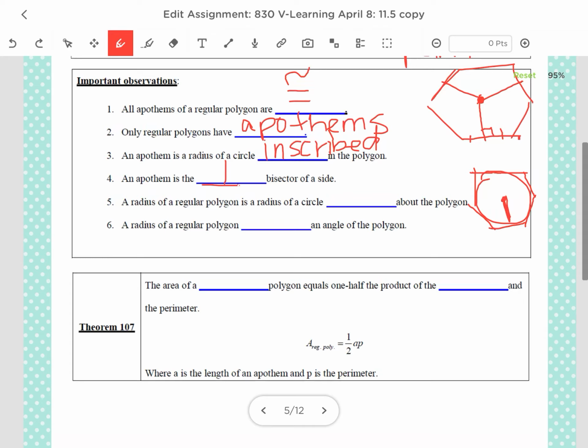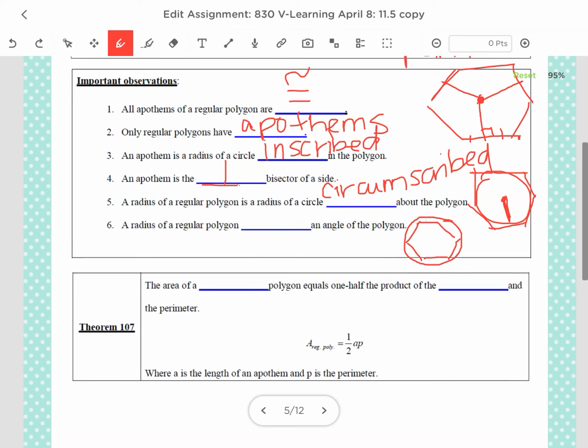A radius of a regular polygon is a radius of a circle circumscribed about the polygon. Circumscribed is when I have the polygon and the circle is drawn on the outside of that.